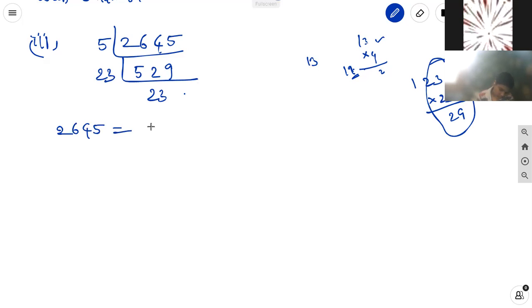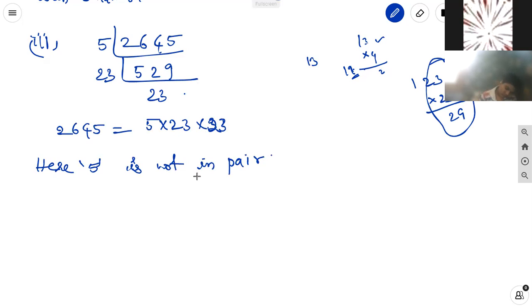So 2645 can be written as factors 5 into 23 into 23. Okay. Here 5 is not in pair. So we divide 2645 by the smallest whole number 5.